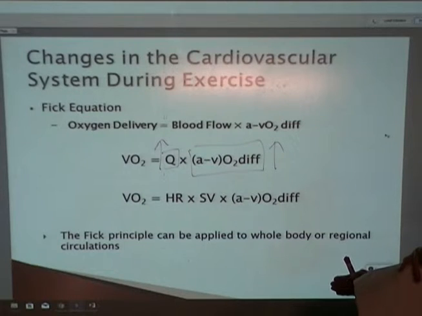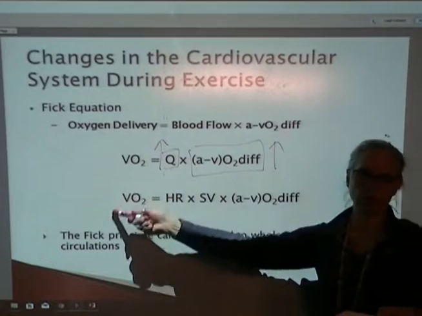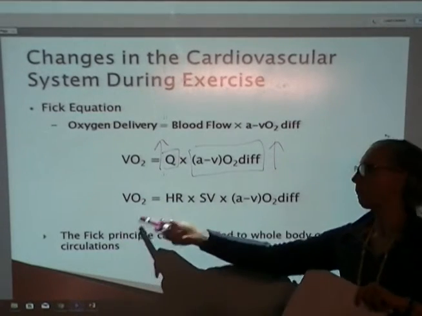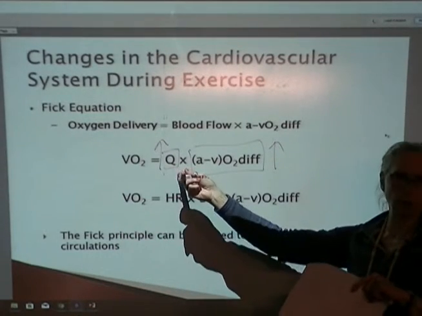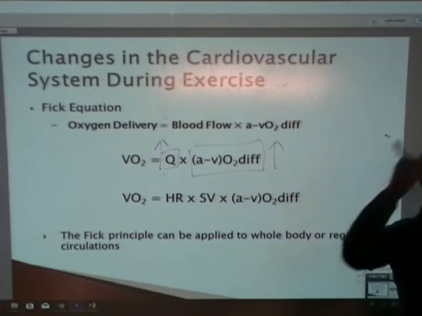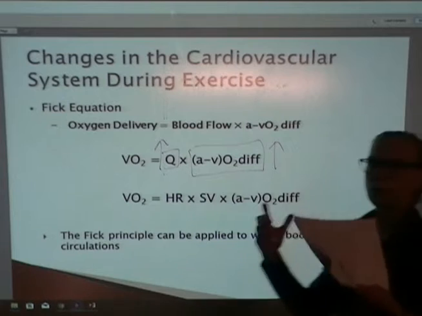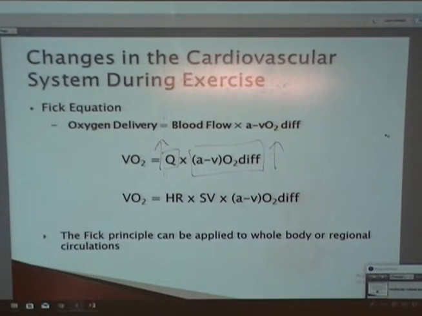Does that make sense? Right? So if I want to increase oxygen consumption by that muscle, I have to increase Q and or increase how much oxygen is being taken away. So how can I increase blood flow to a working muscle?